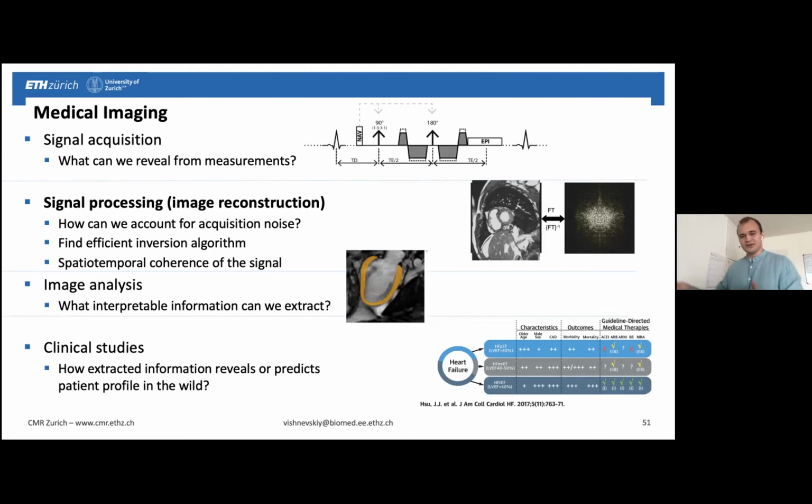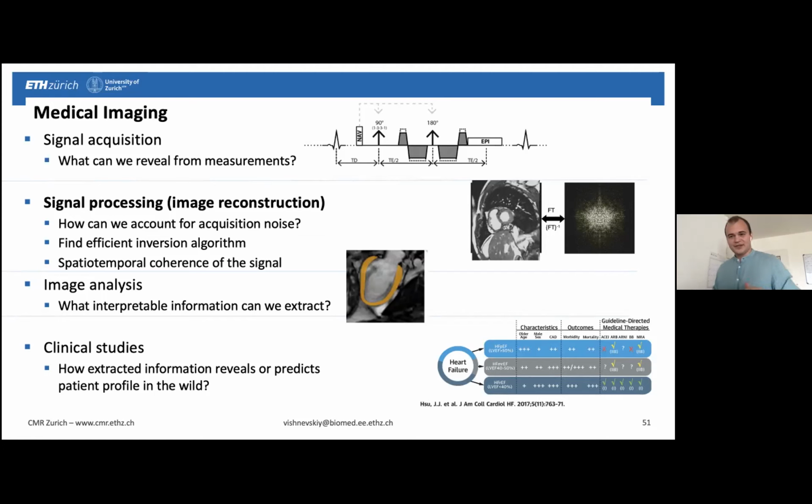The second part is the reconstruction, and it falls more into the field of signal processing. The main questions that we want to answer and the main knowledge that we want to leverage are the physical acquisition model, a good prior for spatio-temporal coherence of the signal, and an efficient method for inversion, for solving the system of equations. And then we produce an image.